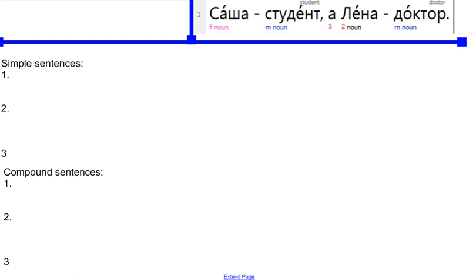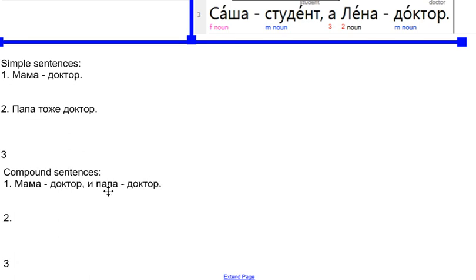One more example. Okay. Мама доктор. Mama is a doctor. Мама доктор. Папа тоже доктор. Father is also a doctor. So a compound sentence from these 2 will be: Мама доктор, comma, и папа доктор.